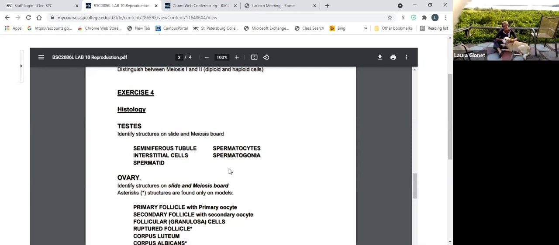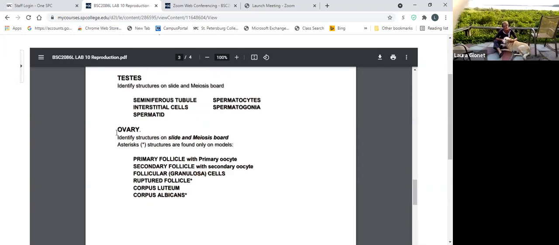Sometimes you can see them in the lumen of the tube there. From there, those spermatozoa will travel up to the epididymis, where they will stay and continue to become more modified and mature to take what we consider a mature form of the sperm, with the head, an acrosome, a mid region, and then the tail.